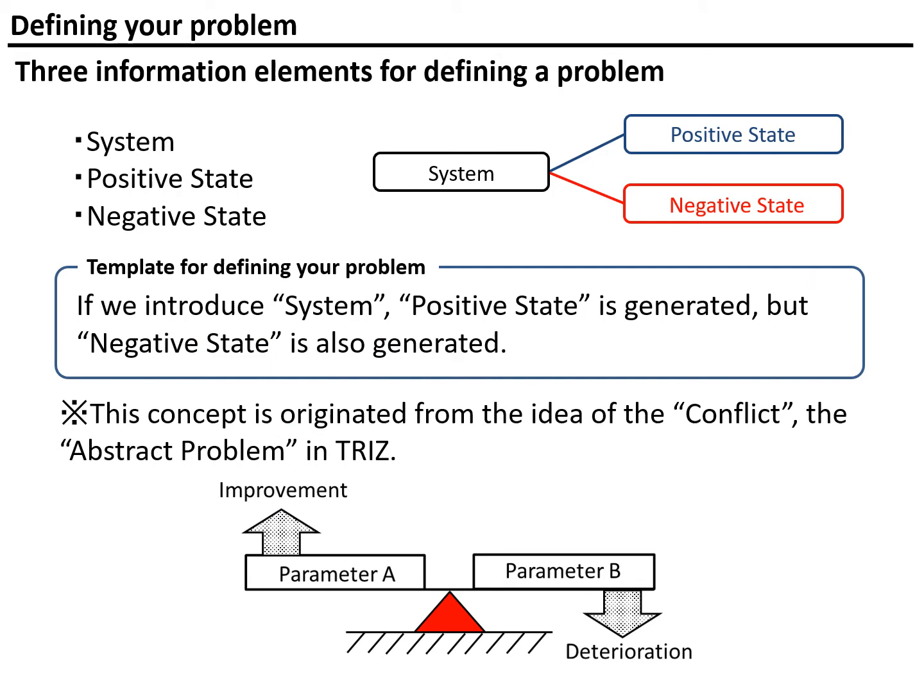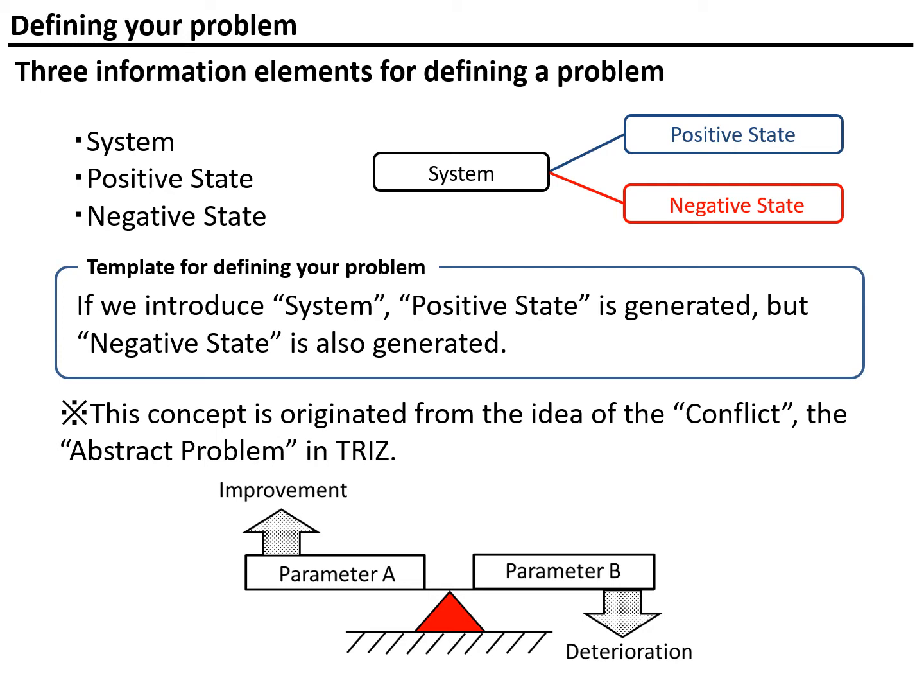Anyway, when you are defining a problem, what I suggest you to do is define these three information elements. One is system, another is positive state, and the other is negative state. When I communicate with many students, what I observe is they fail to clarify what is the problem that they are going to solve.